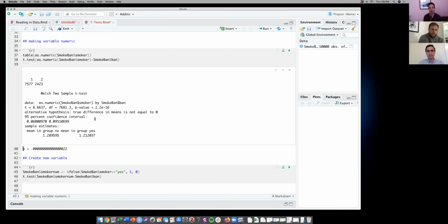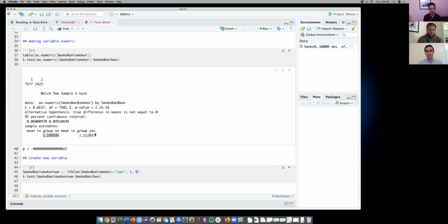We know what the difference is in our sample, and that's shown down here. So this is a little odd because it's 1.28, but that's because of how we created the variable. But 29% of people smoke in the no group where there is no workplace ban, and 21% smoke in the group where there is a workplace ban. And so we know that that's correct for the sample, that it's 29% and 21%.